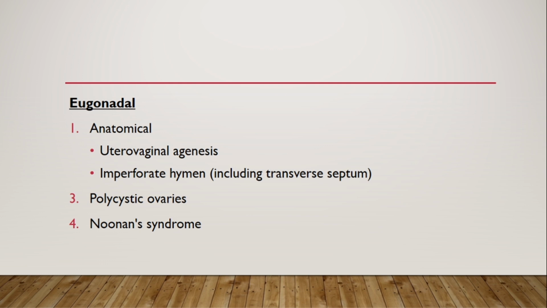These patients can have primary amenorrhea. And we talk of a complete uterine agenesis. If the uterus is not developed at all, we may present with primary amenorrhea. Sometimes the uterus may be present and the vagina is absent.